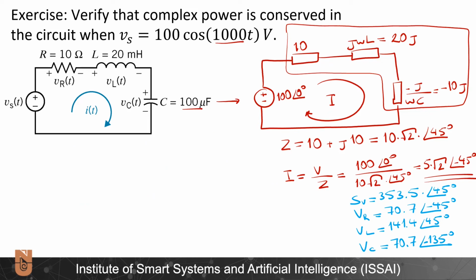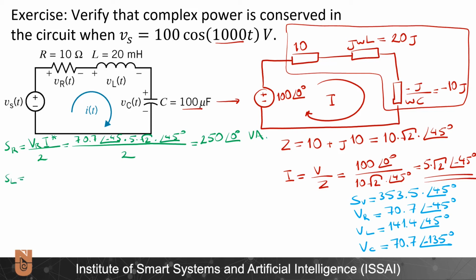Let us start with the complex power of the resistor. SR is equal to V times I conjugate divided by 2, and this is equal to VR here, 70.7 with an angle of minus 45, times 5 times square root of 2 at plus 45, because this is the complex conjugate, divided by 2, and this is equal to 250 with an angle of 0 volt-amperes.